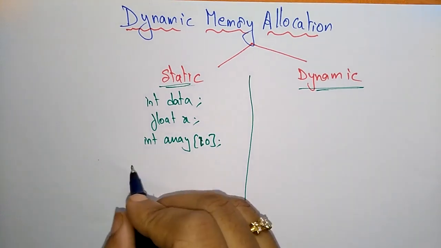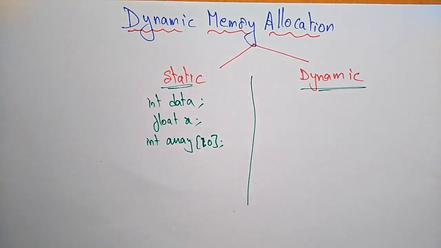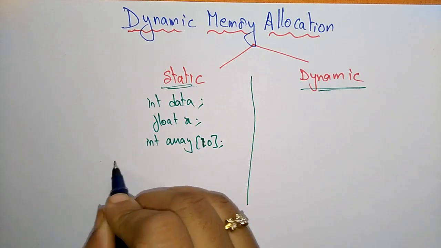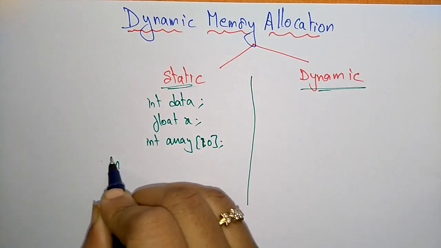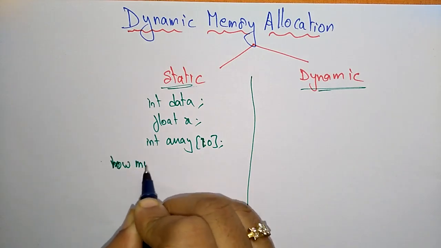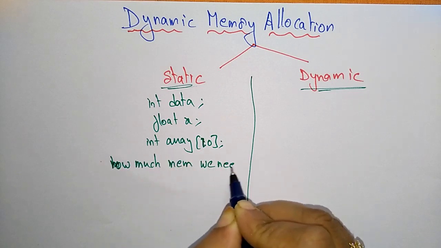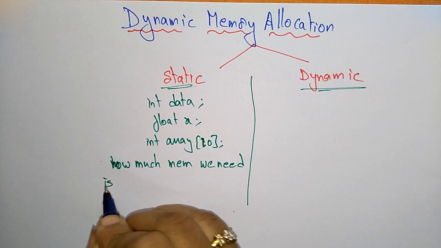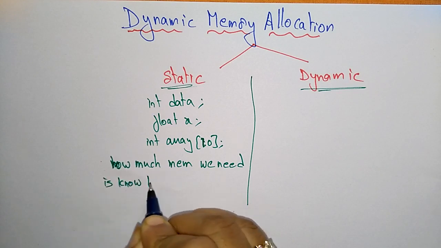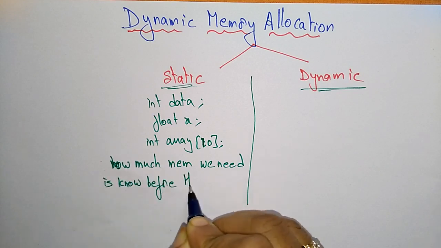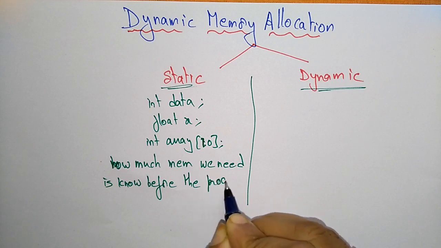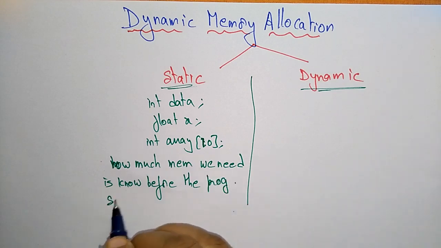So at the starting of the program, if you know how much memory you are using, how much memory we need before the program, then you call it static memory.